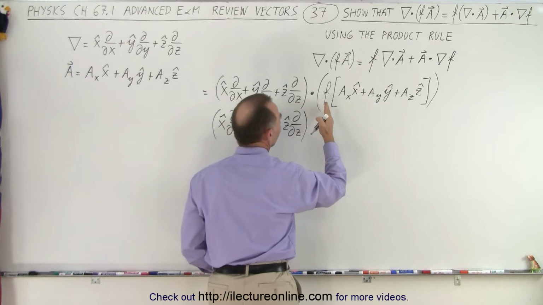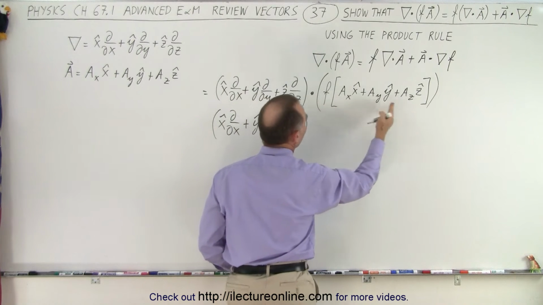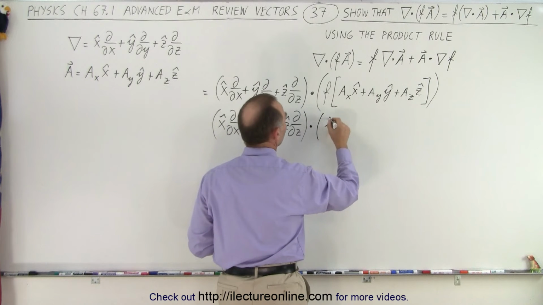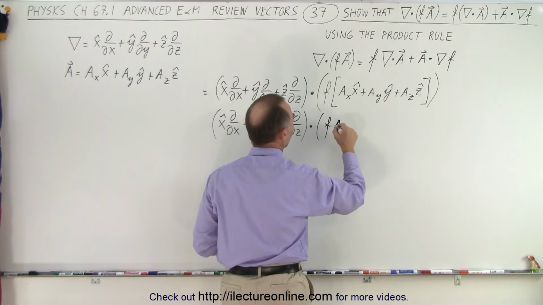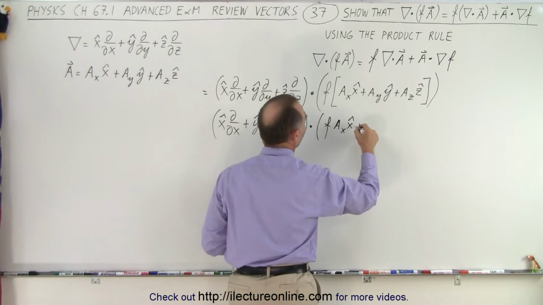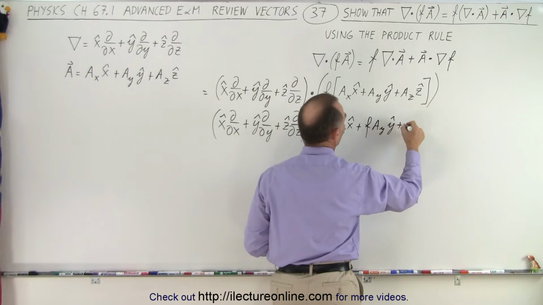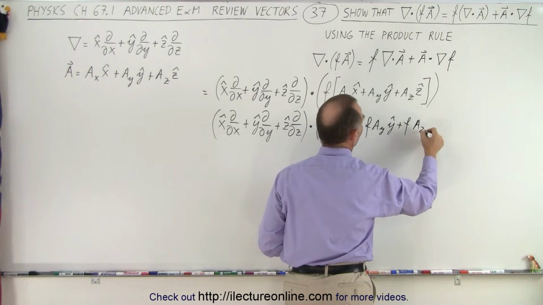Now we're going to apply the scalar function on each of the three components. So this is essentially the divergence of the scalar function times a sub x in the x direction, plus the scalar function times a sub y in the y direction, plus the scalar function times a sub z in the z direction, like this.